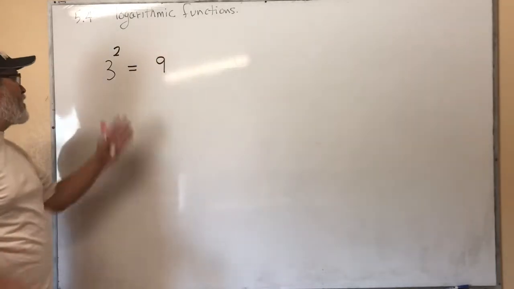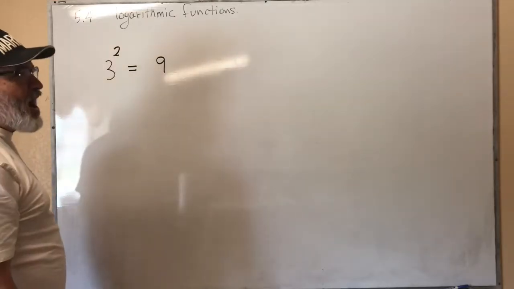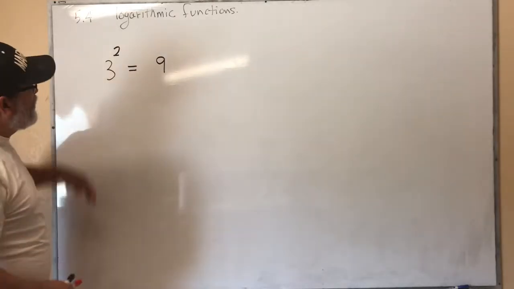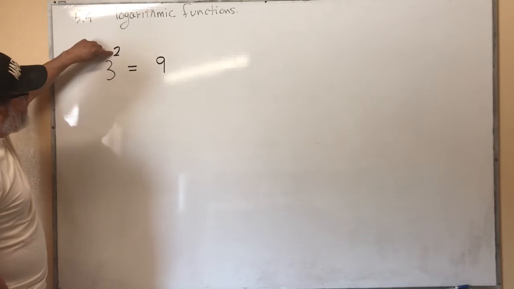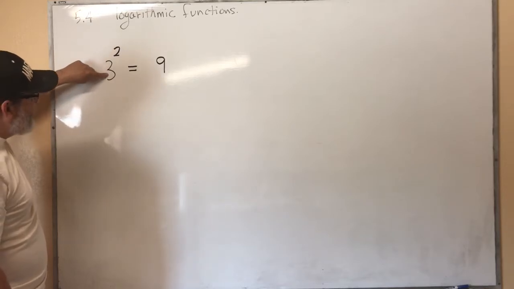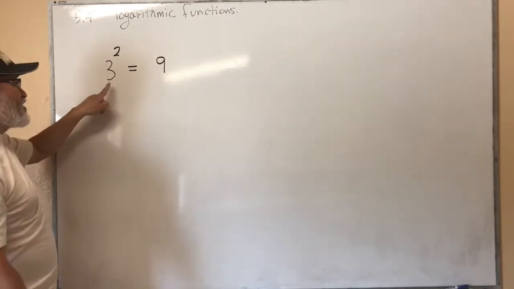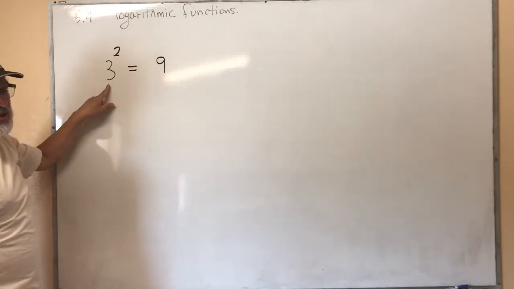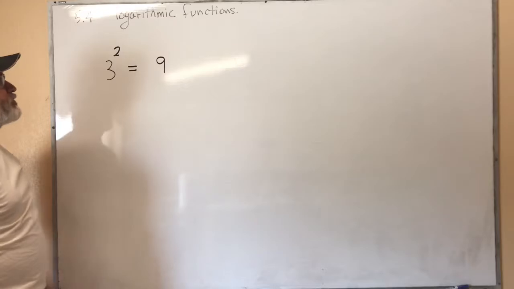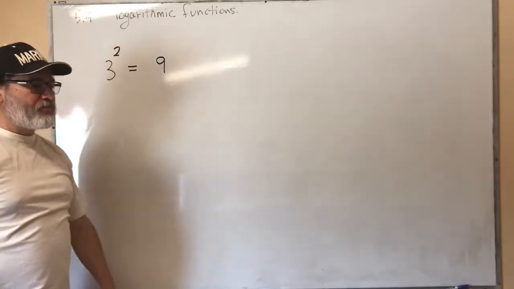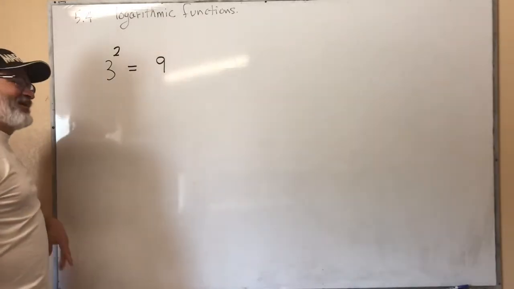You understand that. 3 to the second power is 9. This is the exponent. This is the base. And this is really, you can call it the product, because this is a product, believe it or not. This is 3 times 3.